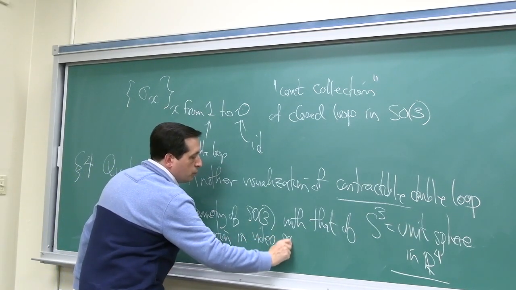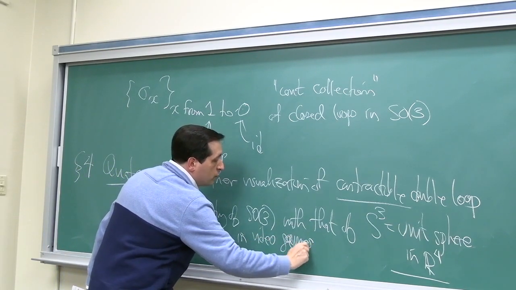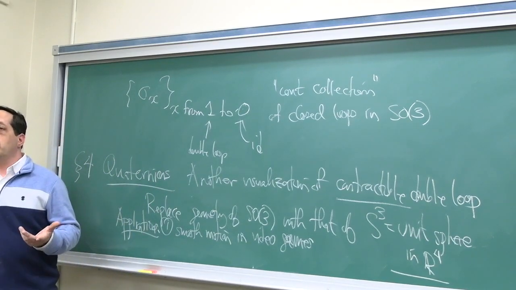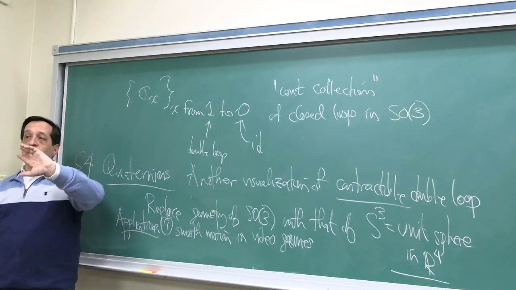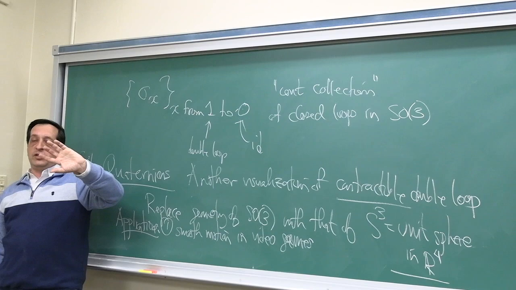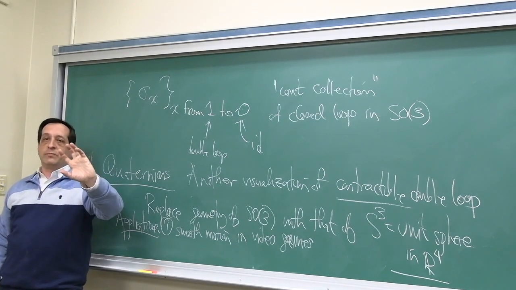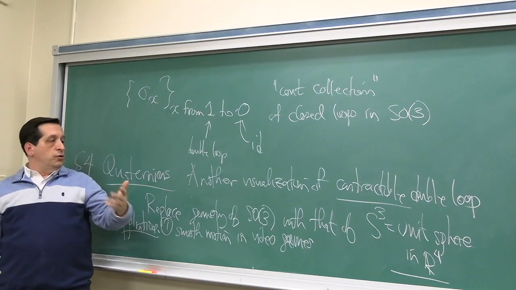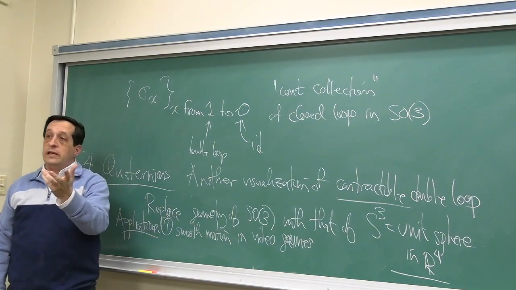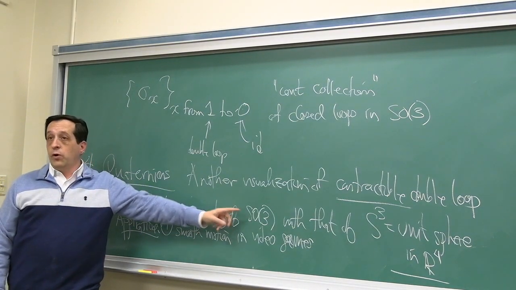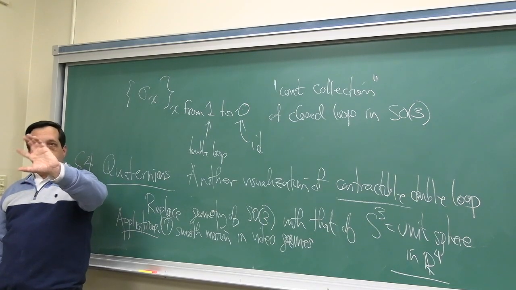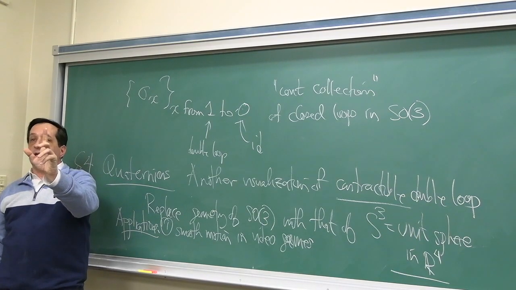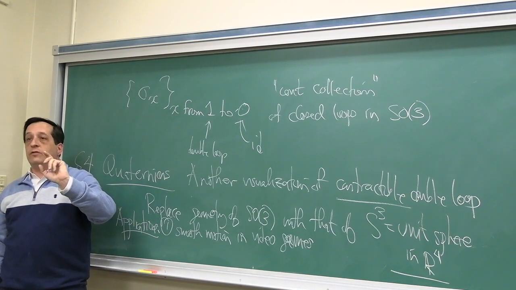So what do I mean by smooth motion in video games? Video games are flight simulators, basically computer graphics. Okay? And the issue is that if you try to describe, let's say you're doing a helicopter game or something, rotations in space using the viewpoint of SO3, this is going to relate to something called Euler angles, then when you pass through certain funny positions, there's a lot of jumpy behavior.